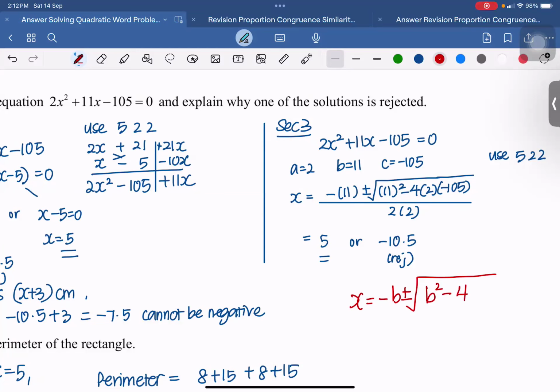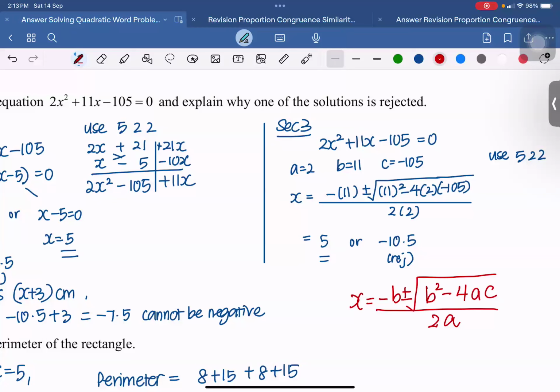You know, 4, remember, a, c. x equals negative b plus or minus square root of b square minus 4ac over what? 2a. Yes, over 2a. Okay, this formula doesn't seem like you're very familiar with it.